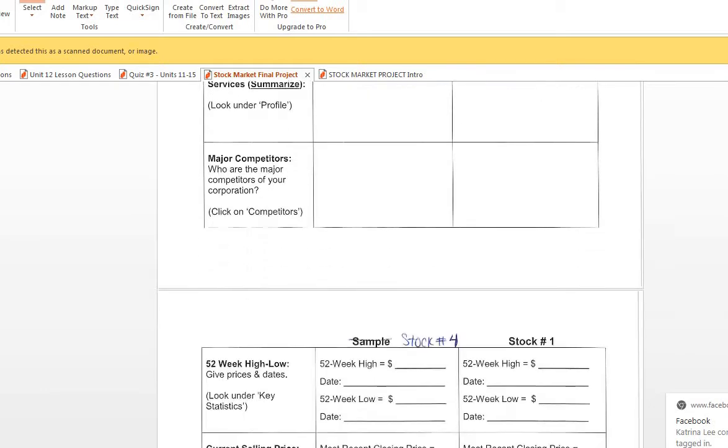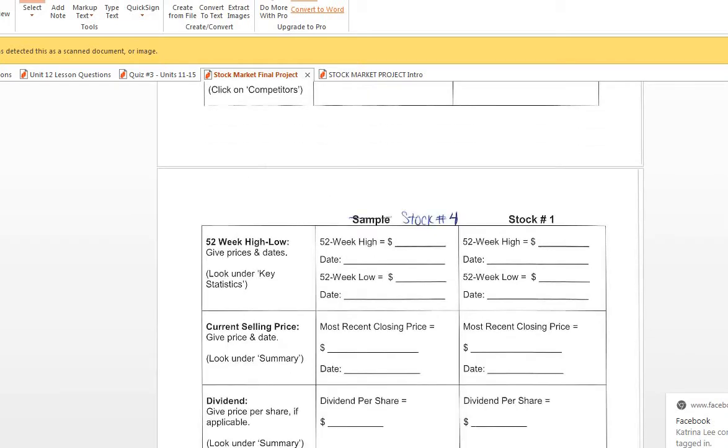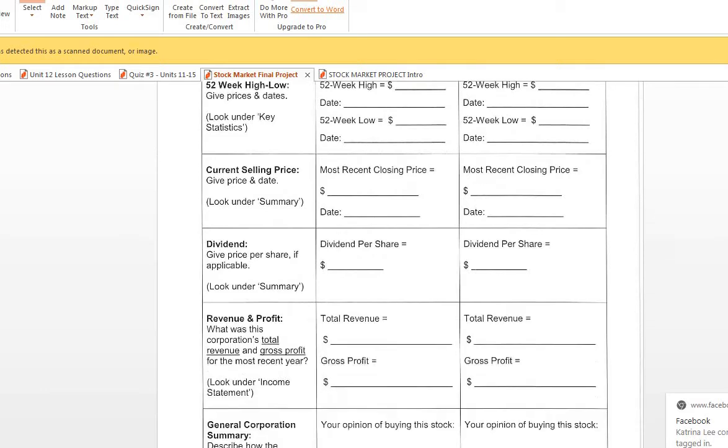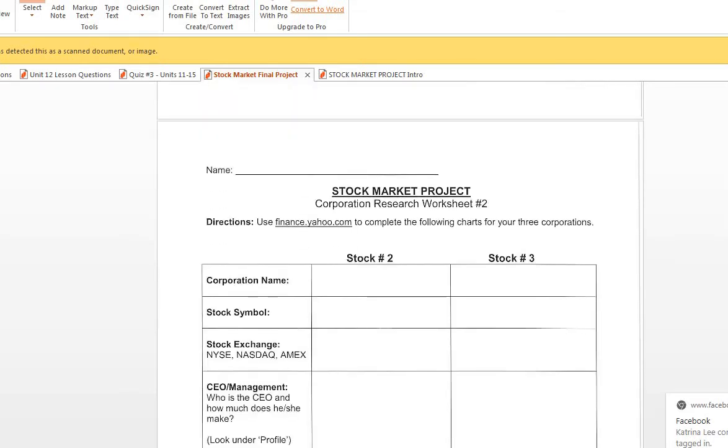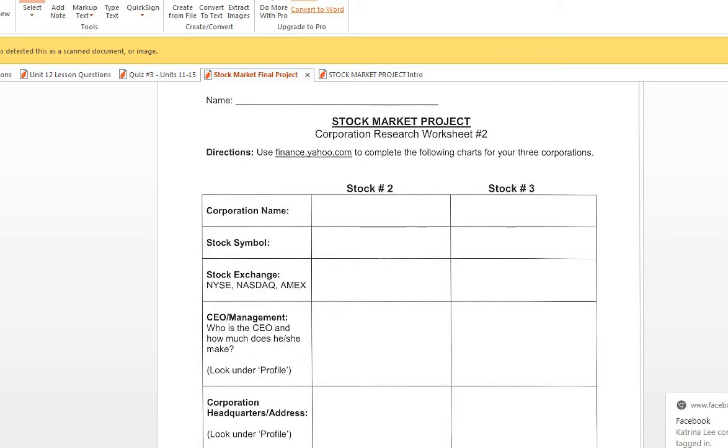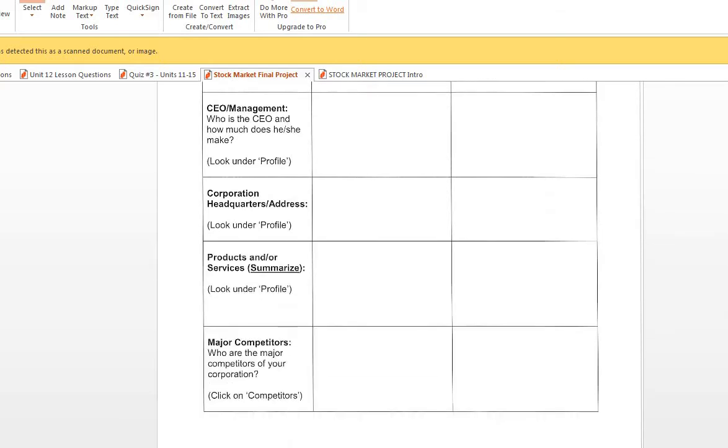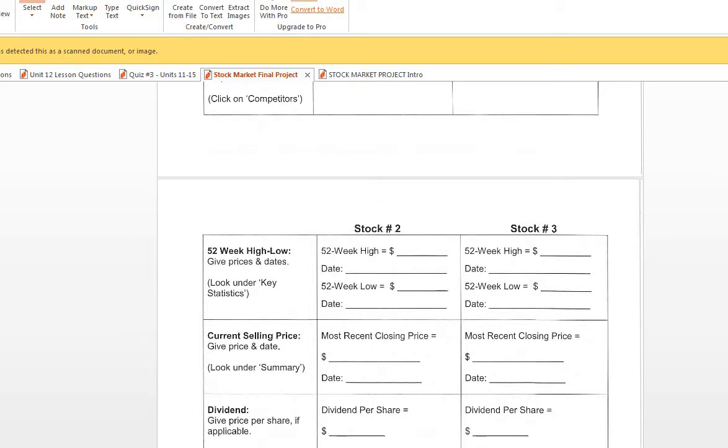This is set 1, still continuing down to the second page, and this is the next set of stocks. So this is stock number 2, and stock number 3, which are its own set. The following page continues the same stock 2 and 3.